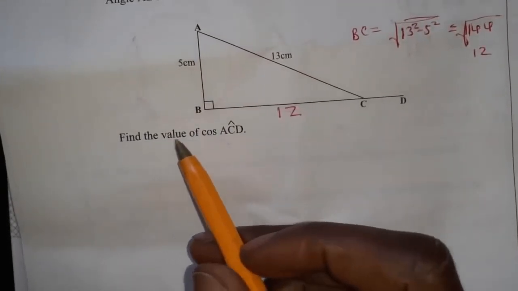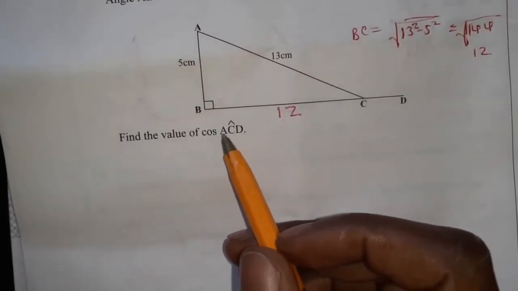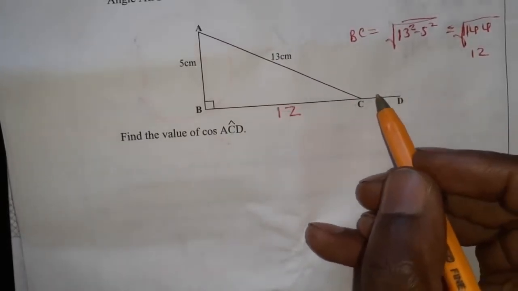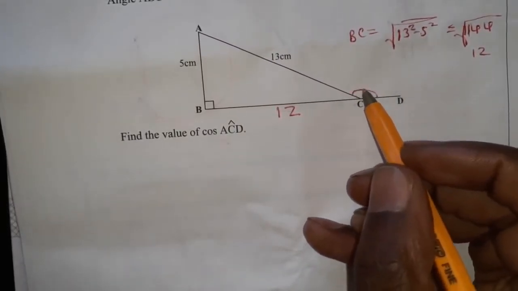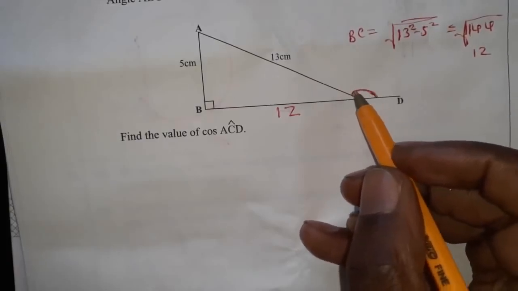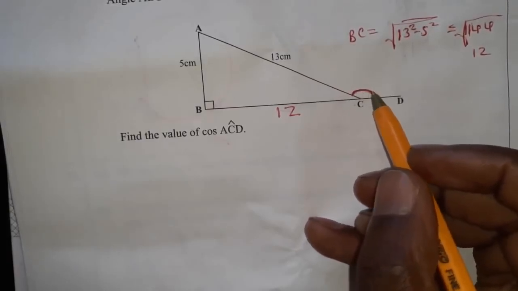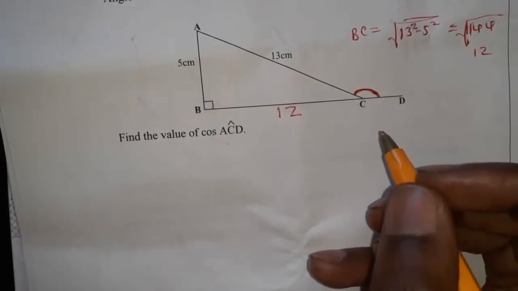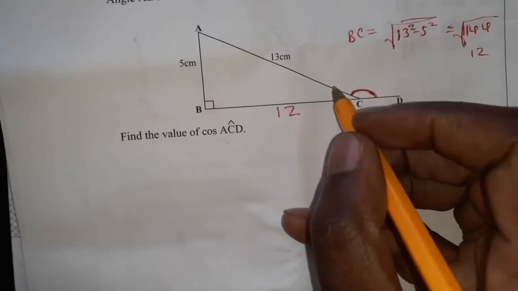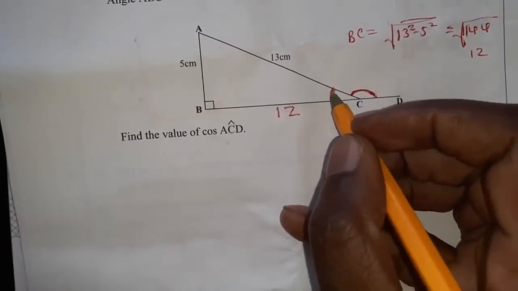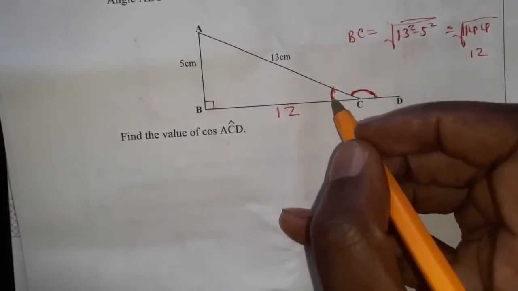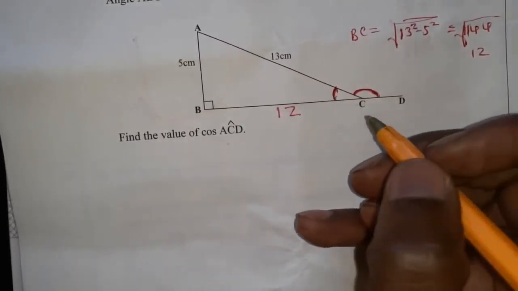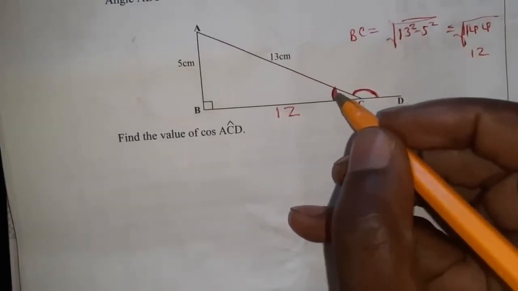So find the value of cos ACD. ACD is this angle here. How do we find this one? What we are supposed to do is to start with this one here. Let's find cos of this angle.